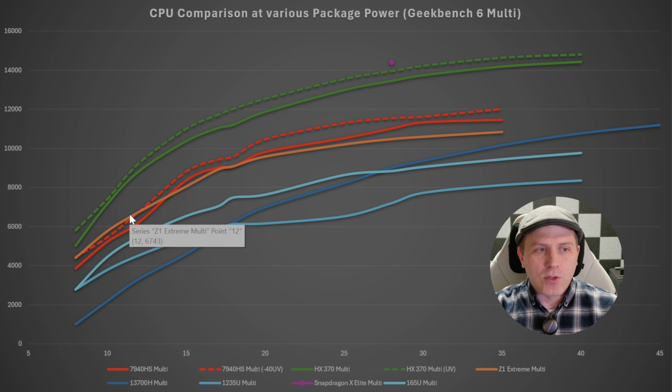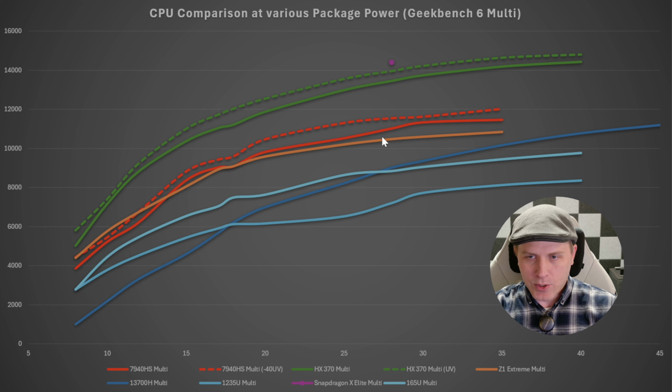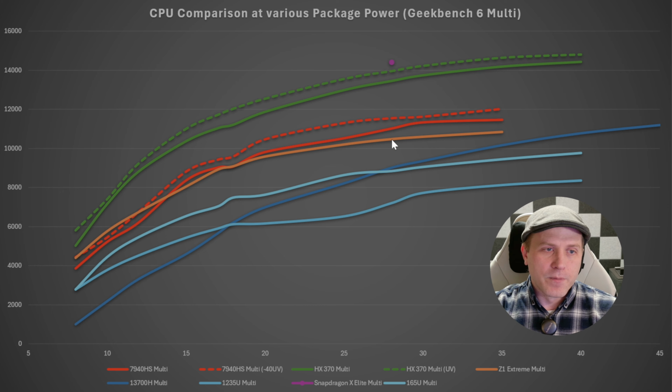So of course it's going to be more efficient at those low wattage levels, but you can see that the 7940HS wakes up a little bit. But this was really close. I think this could just be rate of error, because this line on the Z1 Extreme is very close to the 7940HS. They're very similarly configured chips. Could be the same one for all I know.